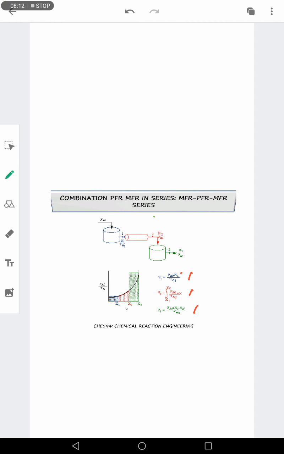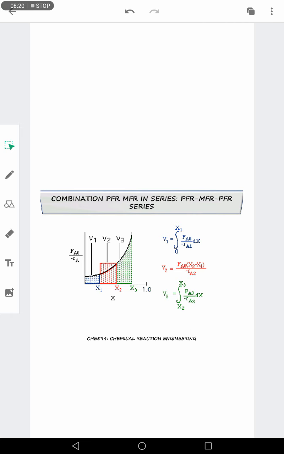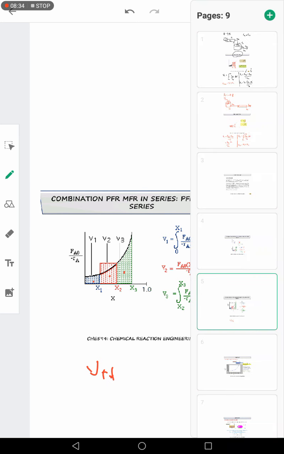So kalau secara grafnya macam ni. So next slide, for example, yang ini katalah dia start dengan PFR, CSTR, PFR, CSTR, kemudian PFR balik. So again, the V total you kena calculate. So adalah tidak sama dengan arrangement yang sebelumnya tadi.